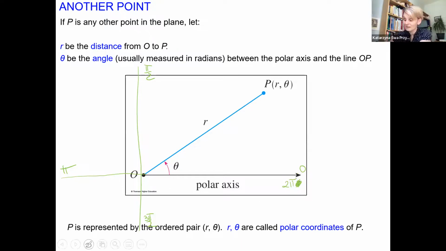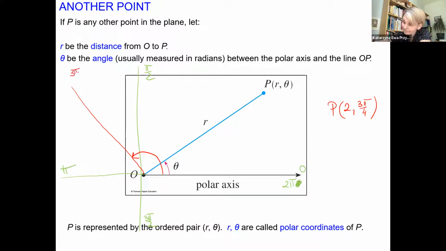Okay, that means, for instance, if I would like to find the point, let's say (2, 3 pi over 4). We can find this point because we have to know how to plot points. That's 3 times 45, I think it's that angle.